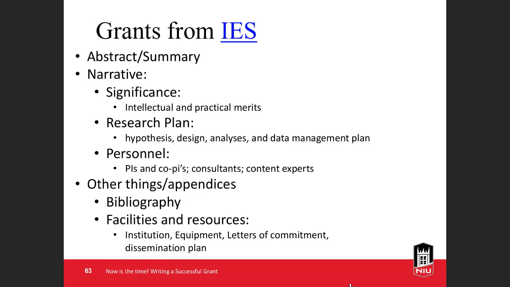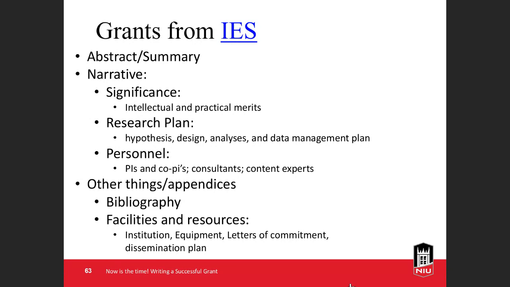In the narrative, you have a research plan, which is familiar to us. It's almost like the method section of an empirical paper. And of course, your personnel, the principal investigators and co-PIs, are listed.